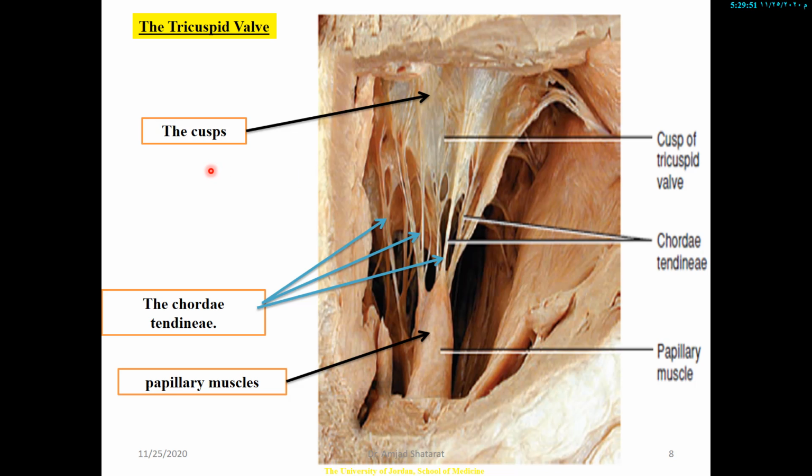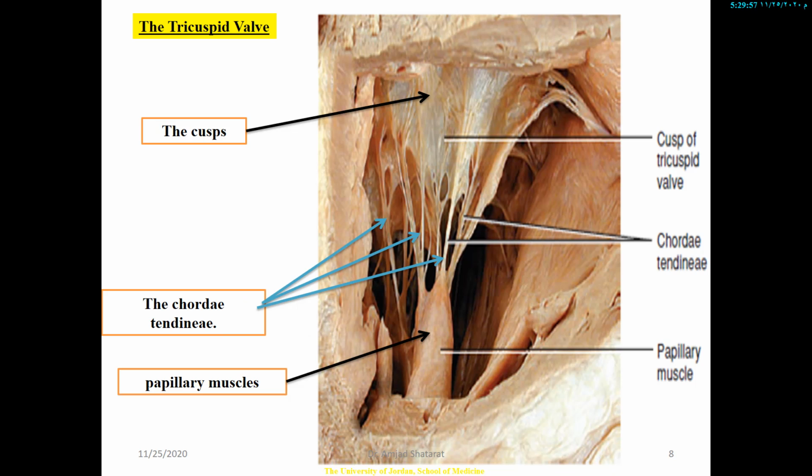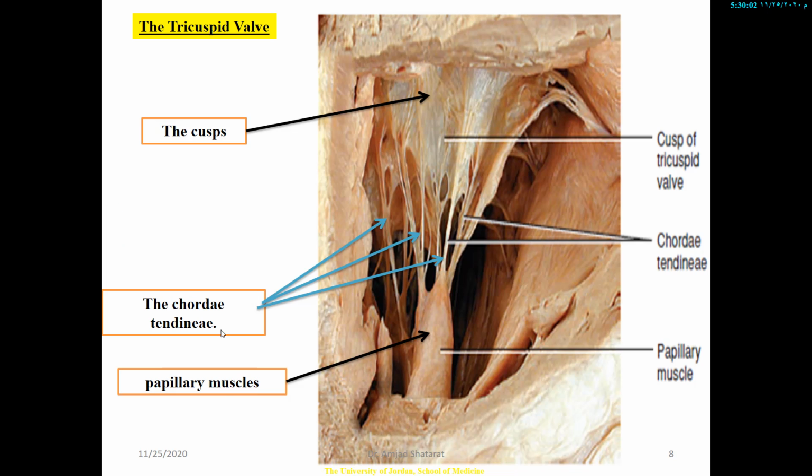Any valve should guard an opening. So the opening here is this. The opening is provided by a fibrous annulus. So there is a fibrous ring to start with.